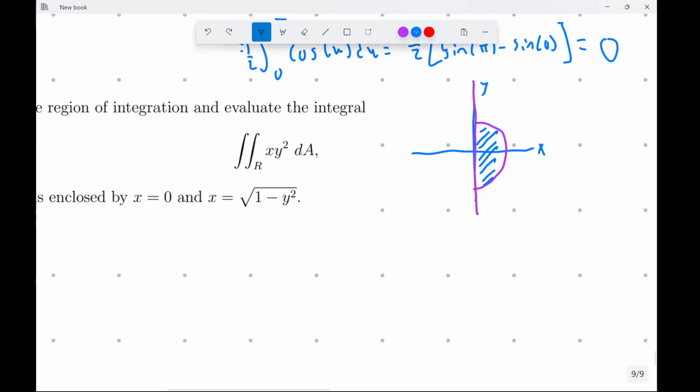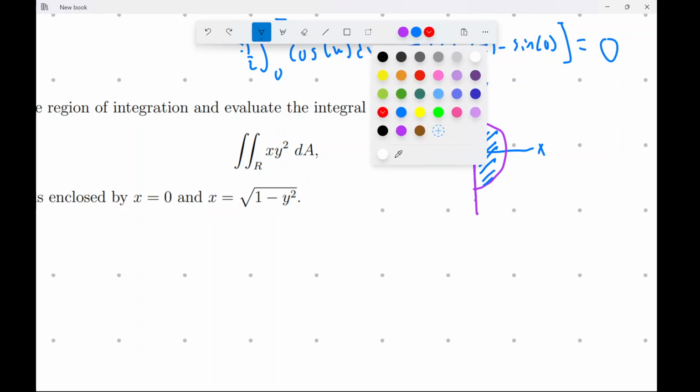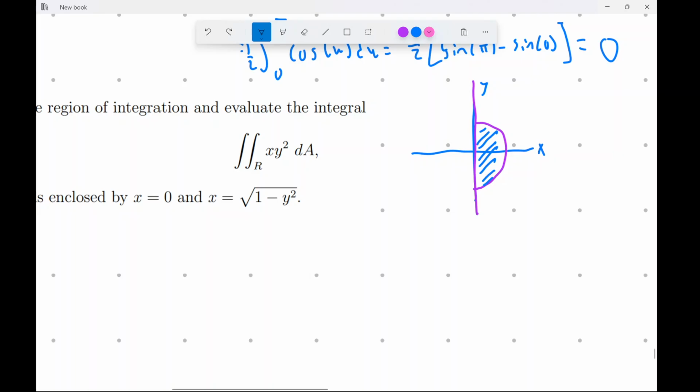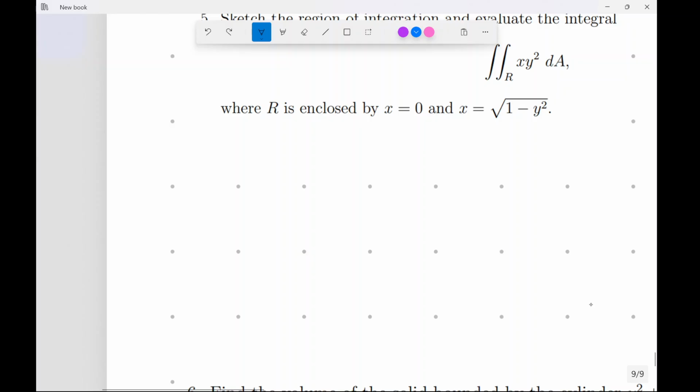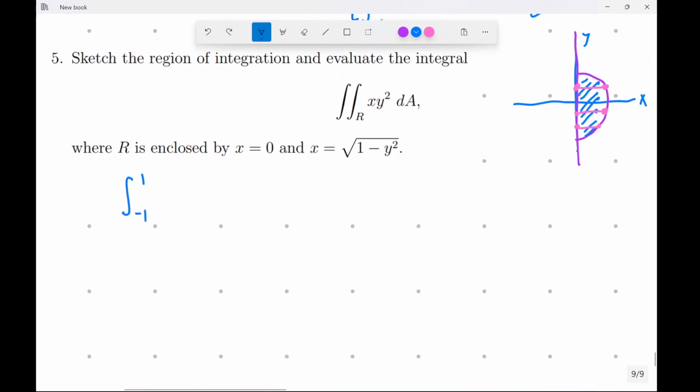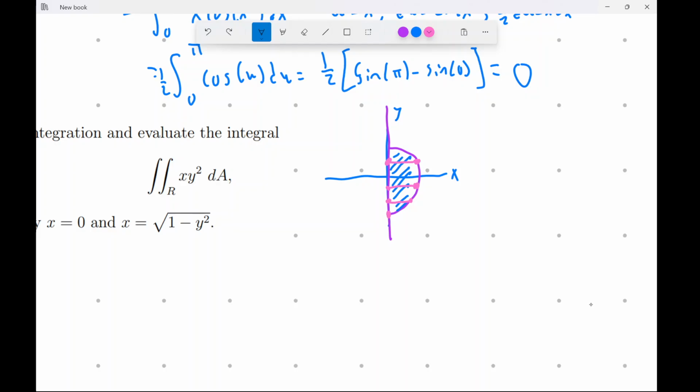Okay, and so we might want to ask ourselves, do I want to integrate with respect to x or y first? Here I think it'll be best to integrate with respect to y first, because then my cross sections look like this, which are pretty simple cross sections. So let's do this. Y goes from 0 to 1, or sorry, negative 1 to 1, because the minimum value of y is down here at negative 1, and the maximum value is up here at 1.